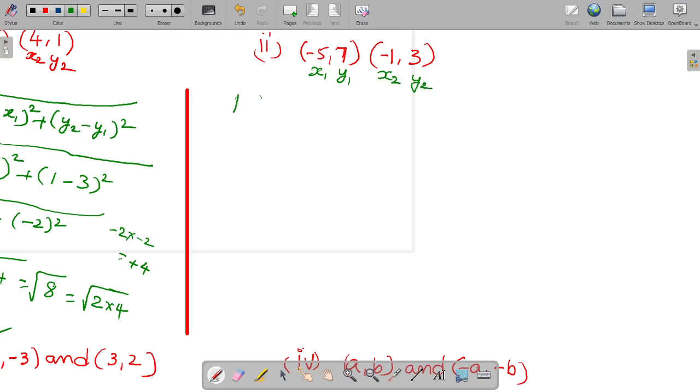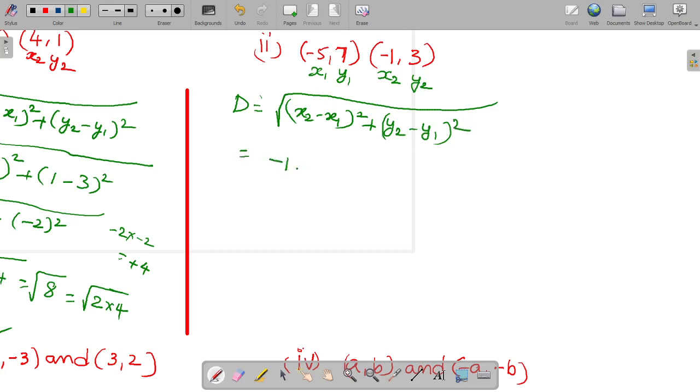The distance between 2 points formula is square root of x2 minus x1 whole square plus y2 minus y1 whole square, which is x2 is minus 1 minus x1 is minus 5 whole square plus y2 is 3 minus y1 is 7 whole square under root.